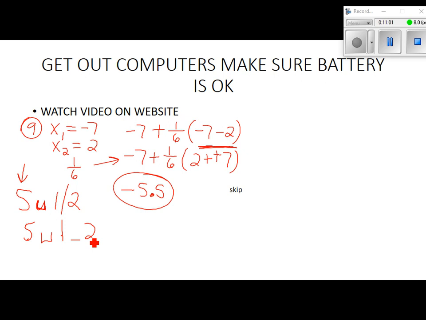Wouldn't you put 1/6 into 2 and 7? Since it's on the outside of the parentheses, wouldn't it go into them? Sort of, but if you know everything inside the parentheses, then you should do what's inside the parentheses first. So when I get back up here, I'll show you real quick. Okay. If you hit second, then that FD button, it'll change it to a decimal, but you shouldn't have to do that.